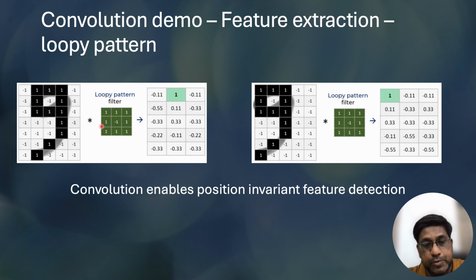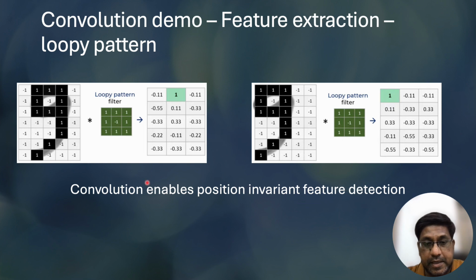So convolution is able to locate specific patterns within the input image, and by checking at the output values of the convolution, we will be able to locate where specific shapes or patterns occur in the input image. So again, if we had written this handwritten number 9 at a slightly different location in the input image, so rather than that being right in the middle here, if it is slightly shifted to the left, the convolution operation would still be able to detect it and identify where that loopy pattern is present in the input image by giving us the value of the output pixel corresponding to that location.